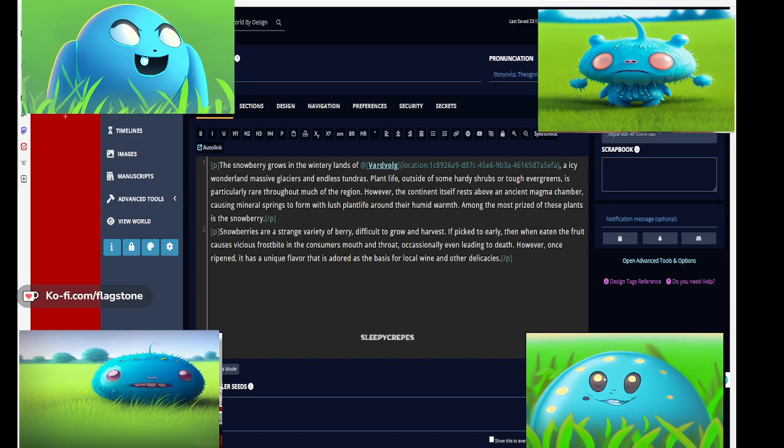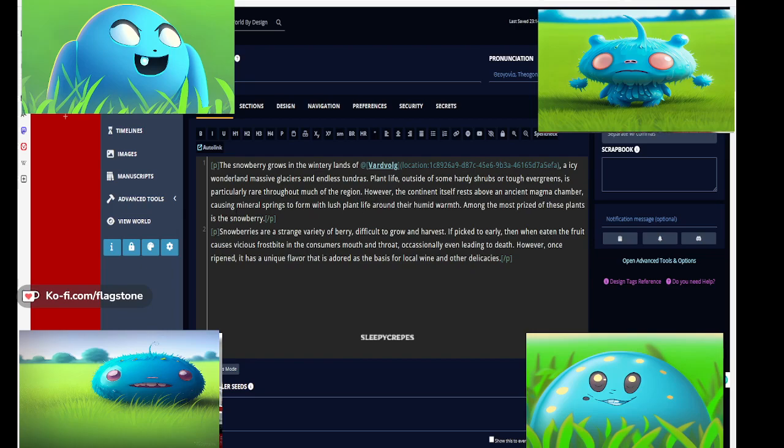So for those who listen to this later and are not watching, it says: the snowberry grows in the wintry lands of Vardvog, an icy wonderland of massive glaciers and endless tundras. Plant life outside of some hardy shrubs or tough evergreens is particularly rare throughout much of the region. However, the continent itself rests above an ancient magma chamber, causing mineral springs to form with lush plant life around their humid warmth.